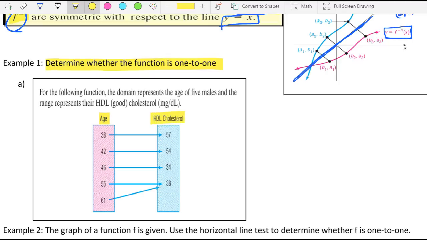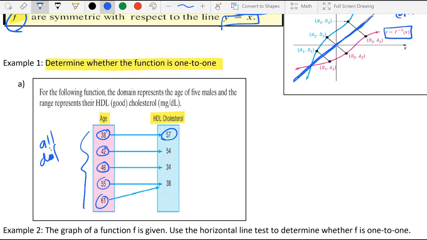Let's check it out. 38 has a 57, that's a different output. 43, 46, 55, 61. So the x's are all different.